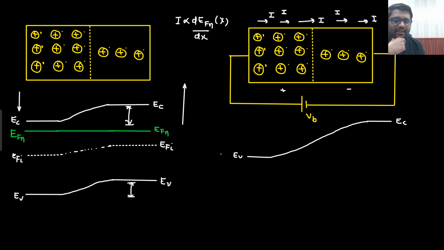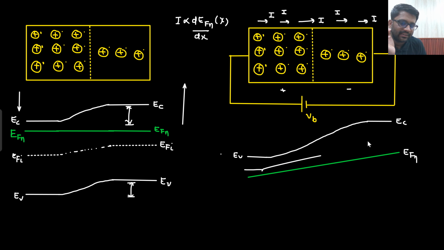Even in the examination, if it is made in this manner or in that manner, it is fine. But ideally, the current would be the same, so I would make it in this particular manner. And the same goes for EFP as well.